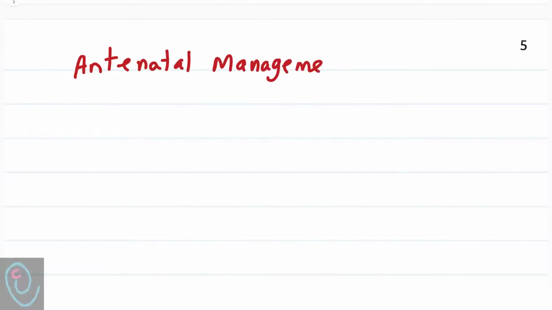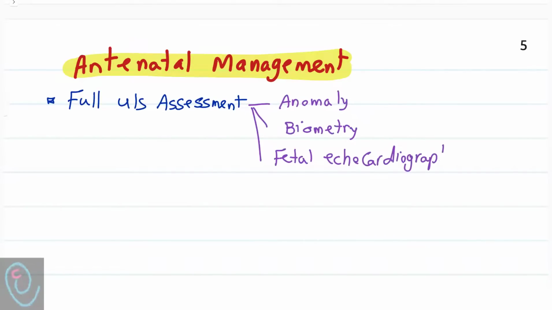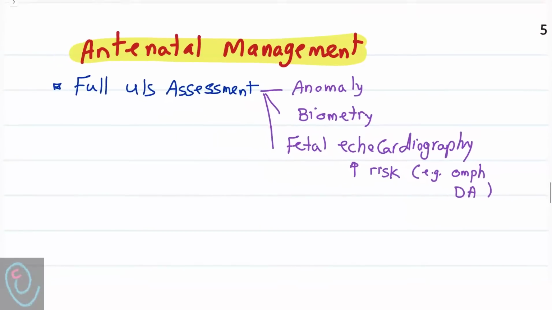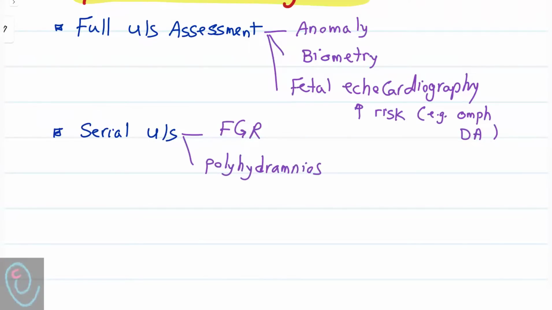Regarding antenatal management, perform a full ultrasound assessment for anatomy and biometry, and request fetal echocardiography if there is increased risk of cardiac anomalies, such as with omphalocele or duodenal atresia. Perform serial ultrasound to detect fetal growth restriction and also to detect polyhydramnios.